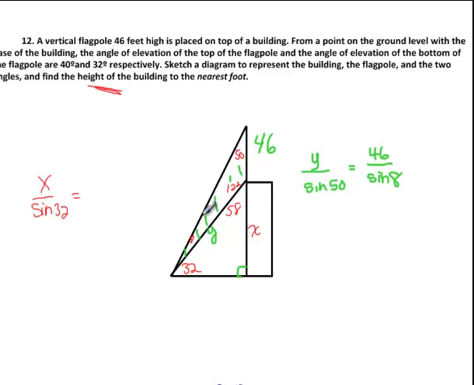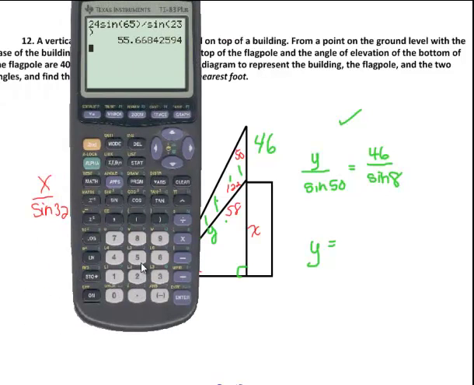And my shortcut here is, remember, 2 triangles, 2 sets of law of sines. So let's figure out what y is over here. So that is the sine of 50 times 46 divided by the sine of 8. So y ends up being 253, and do not round, Elena.